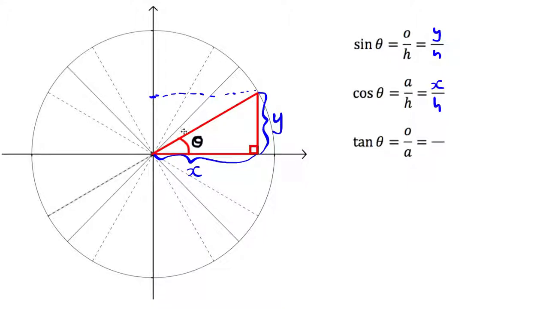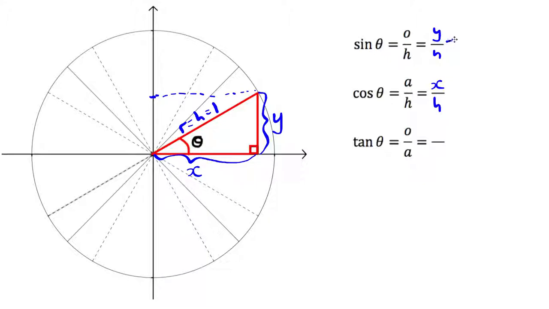Now hopefully you remember that the radius for this unit circle we said was 1. Notice that the hypotenuse for this triangle goes from the center out to the edge. That's the definition of radius. So this hypotenuse is equal to 1, which is also the radius.